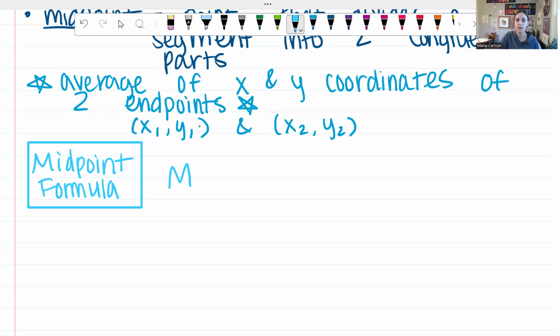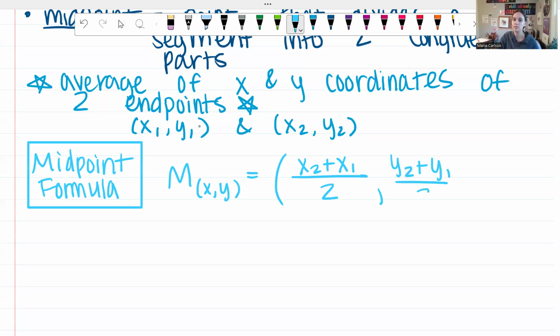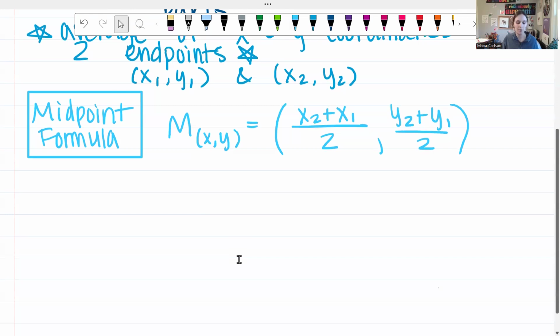So this midpoint M, it's a point itself, so it is going to be an x comma y. Your x coordinate is found by adding your two x values, so we'll start with the second one here, x2 plus x1 divided by 2. And then your y coordinate will be found by averaging your y coordinates, so y2 plus y1 divided by 2. You also could do x1 plus x2 divided by 2. I did it this way.